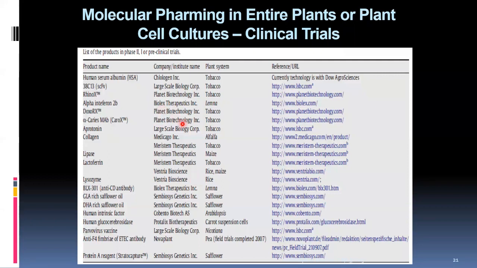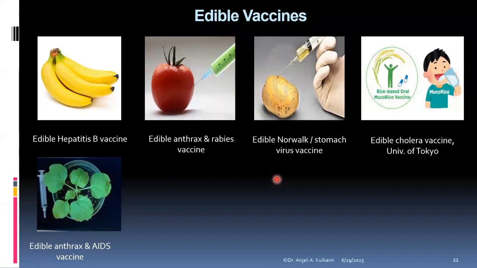Then Planet Biotechnology, but it is working with tobacco. So they are working on expression of so-called vaccines in the tobacco leaves. But the crop plants, then a lot of other examples are there. So I have just made a slide related to this.